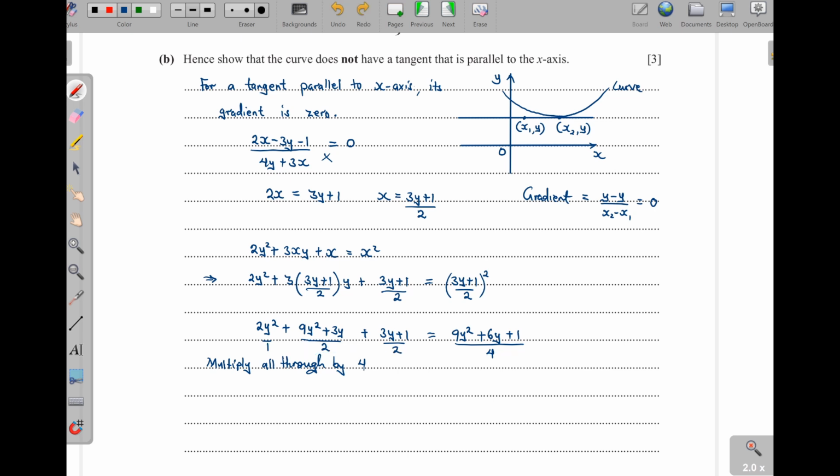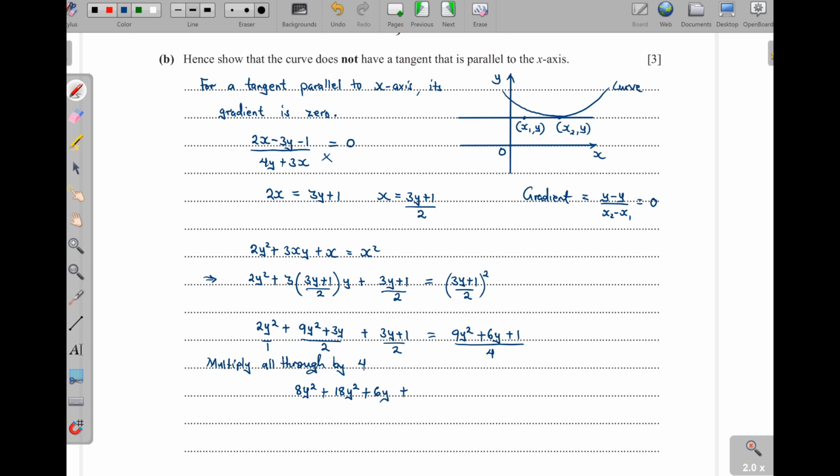Also, so multiply here by 4, you get 8y squared. Then here this 2 would multiply. This 2 goes into the 4 2 times, not so? Then 2 times this one, that will be 18y squared. Then again 2 times this one, 2 times 3, then you get 6y, not so?